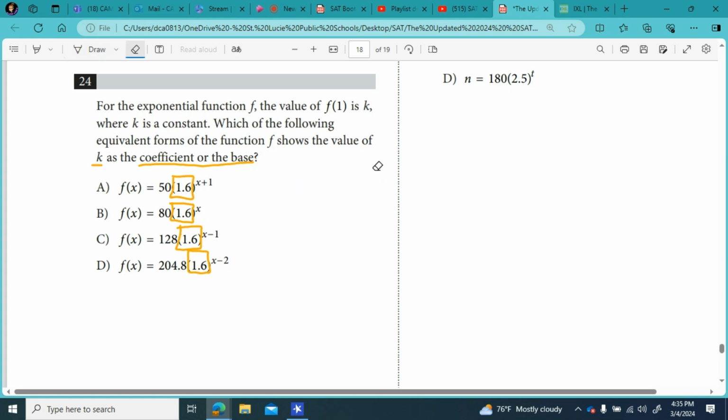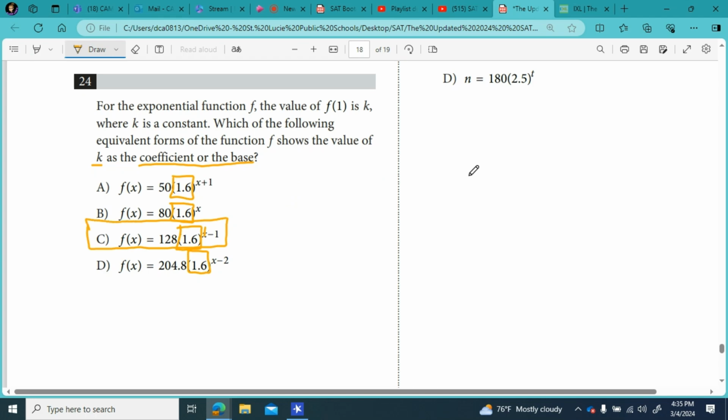So if you look here, x minus 1, if f of 1 is k, then if you put in a 1, you've got 1 minus 1 is 0, and you're back to 128, which is going to give us our whole number, 128, and our correct answer here is C.